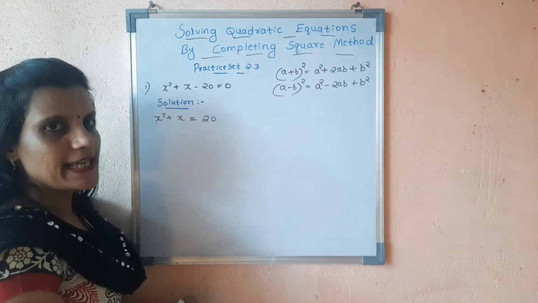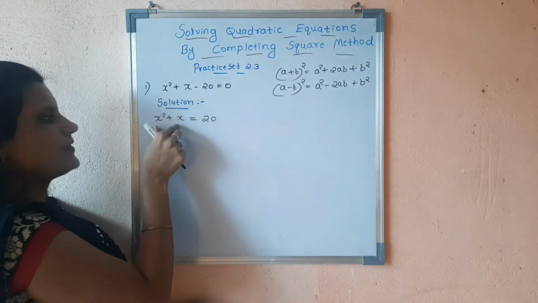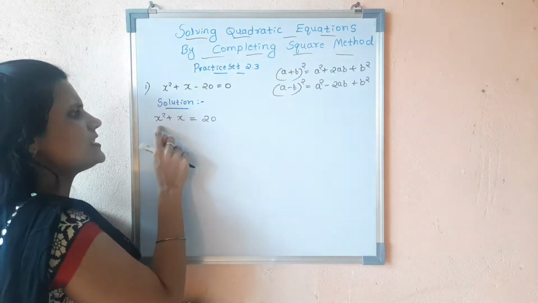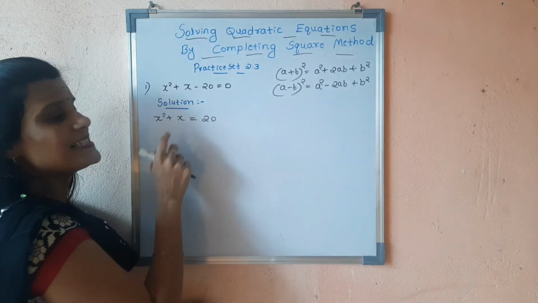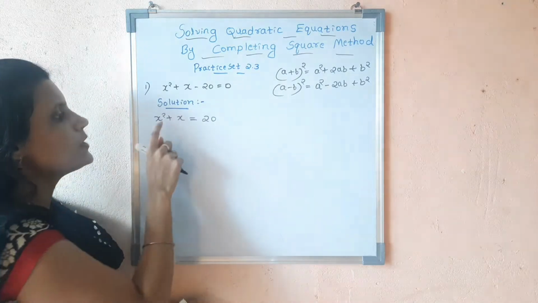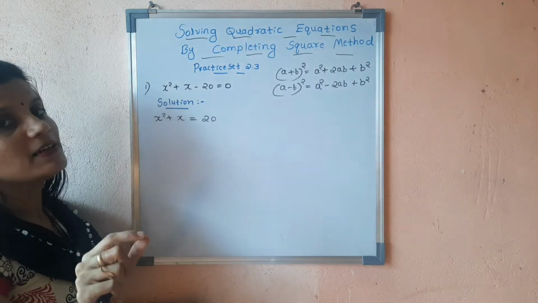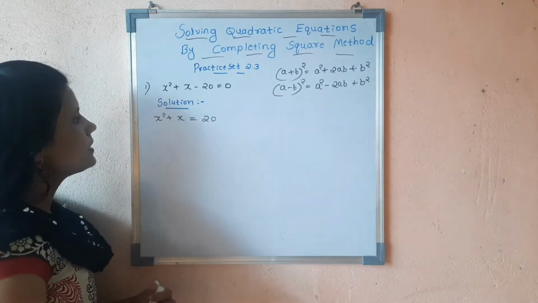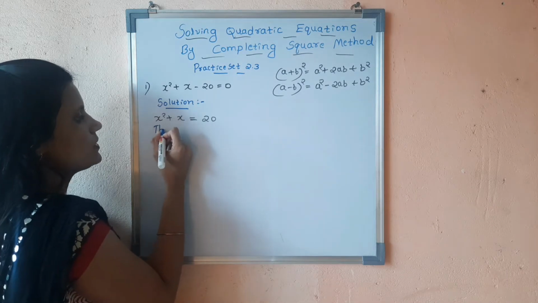Now the next thing is, you should see whether the left hand side is a quadratic expression. Yes, but what is missing? The third term is missing over here. So we should find out the third term. We have a formula to find the third term.